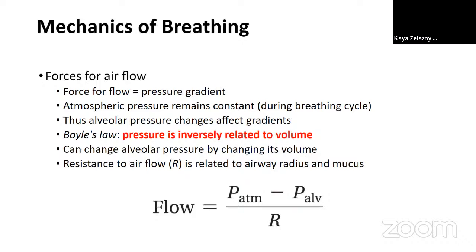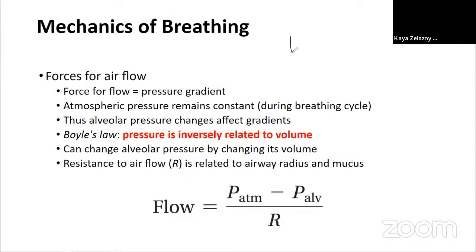We do have some explanations in your books about physics related to this. So this first part is telling us that our force for airflow, so flow, as we know from before, is a difference in pressure divided by the resistance.